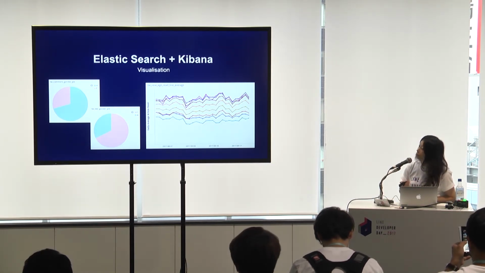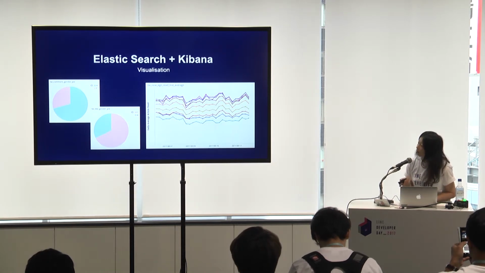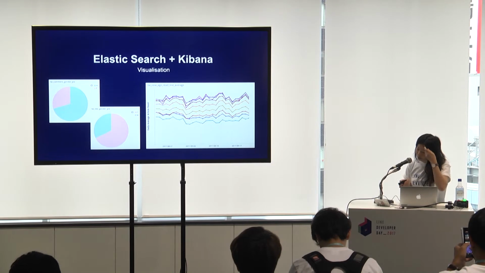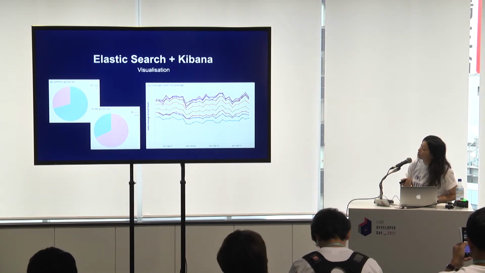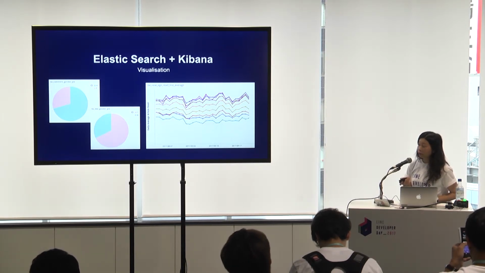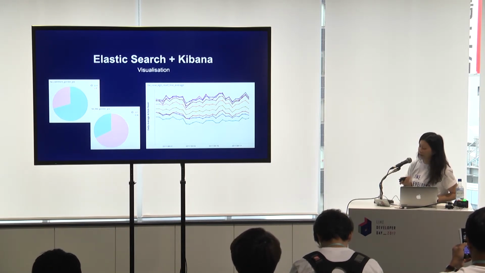Let's see how we visualize the data. The picture on the left-hand side is the analysis we did on gender. Blue represents male users and pink represents female users. We found that male users in Taiwan are more likely to leave comments on articles, and female users tend to like articles.